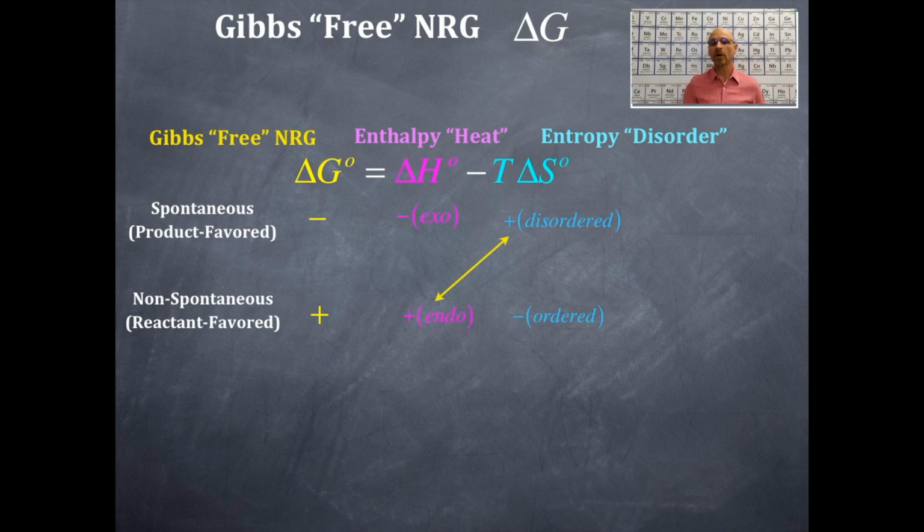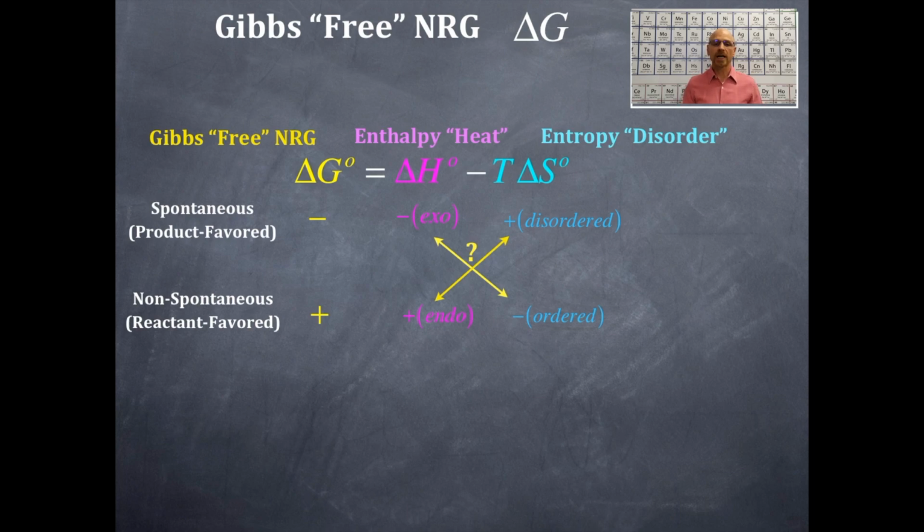Now, the question lies when the enthalpy, delta H, is positive and the entropy term is positive. When they are both positive, I don't know what the sign of the delta G will be. I actually have to plug in the values, because it depends on the magnitude of the delta H and the delta S to figure out whether the overall sum of those two terms is positive or negative for the delta G, the Gibbs free energy.